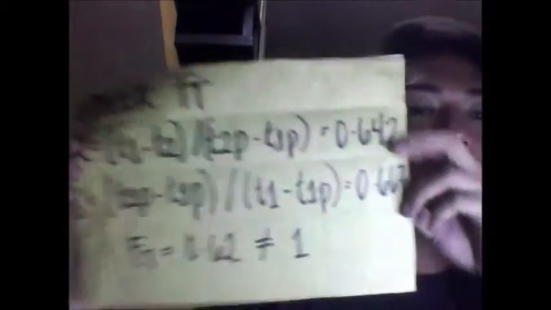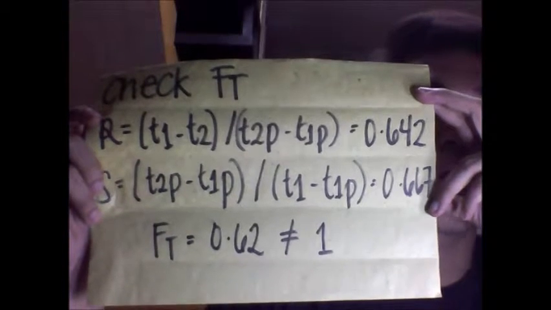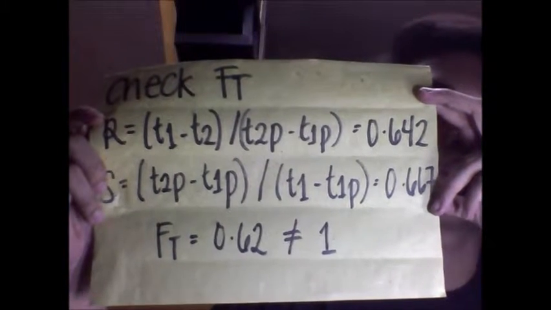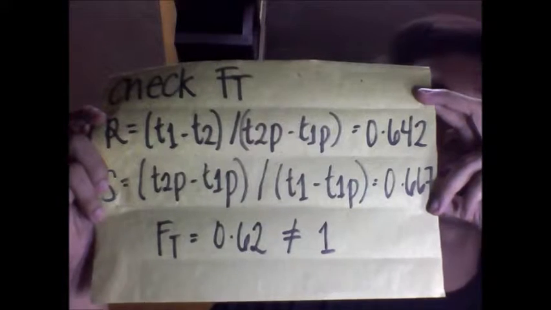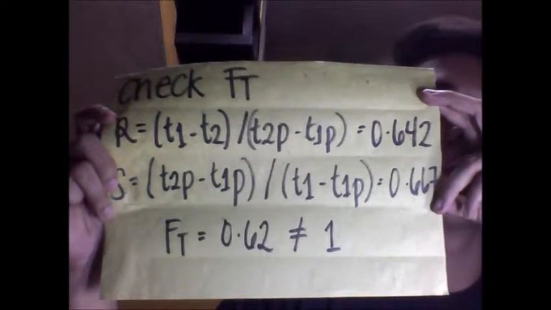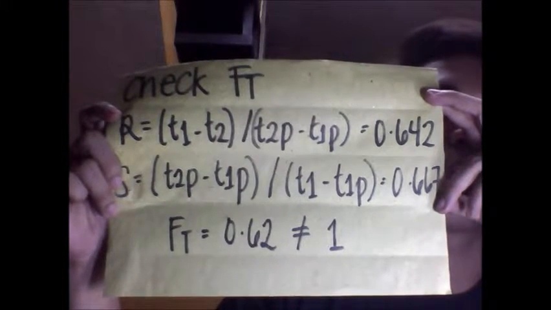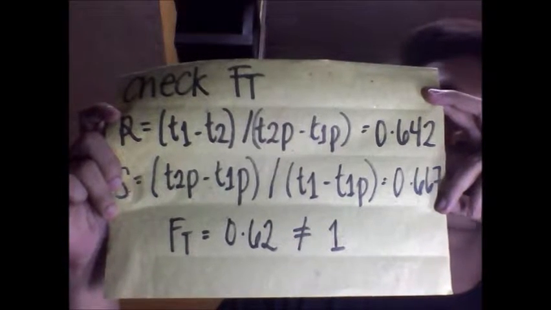To check if the value that we assumed for Ft is correct, we have to solve for R and S. So we will use this formula. To check the Ft, R is equal to T sub 1, or the entering temperature of the cooling water, minus T sub 2, or the exit temperature of the cooling water, divided by T sub 2P, or the exit temperature of the process fluid, minus T sub 1P, or the entering temperature of the process fluid.